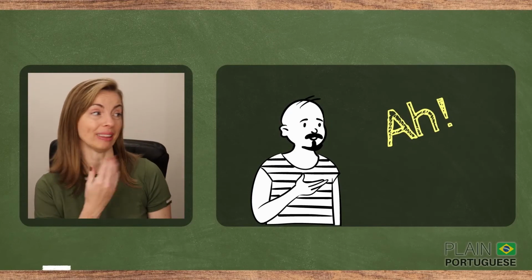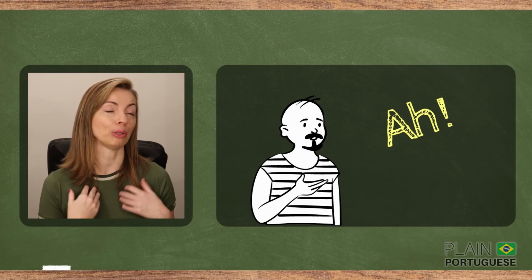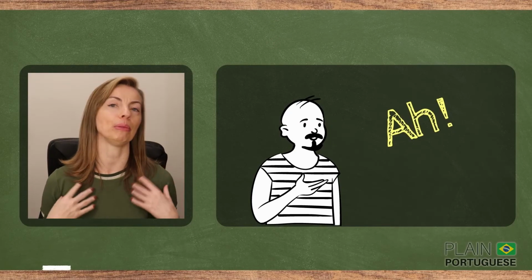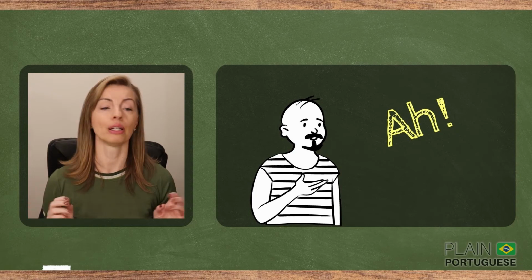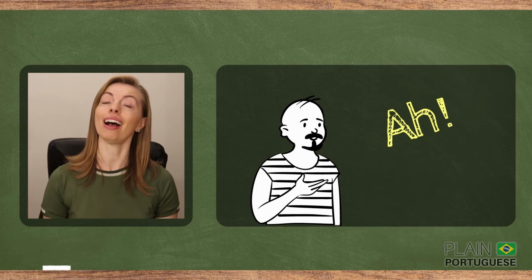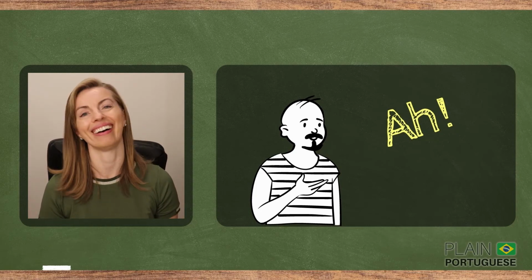We may also see the letter H in some interjections. Interjections are those short words we use to express emotions. And guess what? Is the H silent in the ones that contain H? That's right. So, for example, this interjection that we use to express joy, admiration, even surprise, we say, ah.